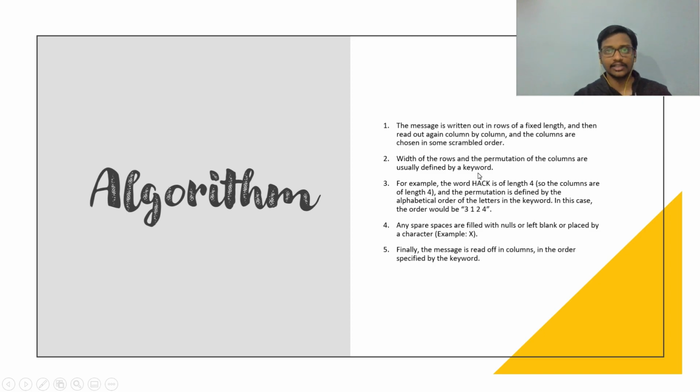As I said, the keyword plays a major role, and based on the keyword, the number of rows is decided. Coming to the fourth point, any spare spaces are filled with nulls or left blank, or are replaced with a special character like X. Finally, the message is read off in columns in the order specified by the key. I will go deeper into the example so you will understand clearly.